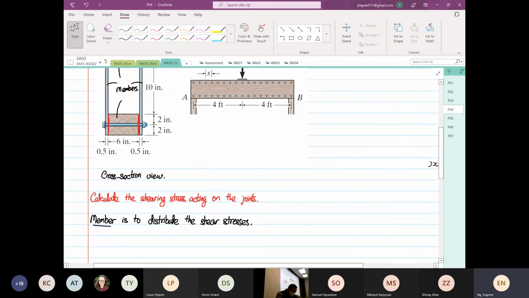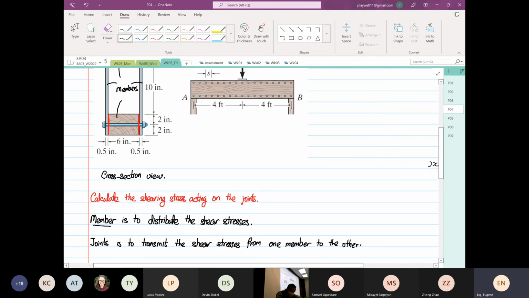The next thing is the joint is to transmit the shear stress from one member to the other.